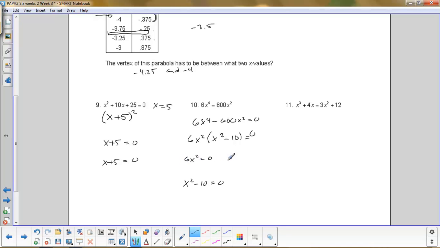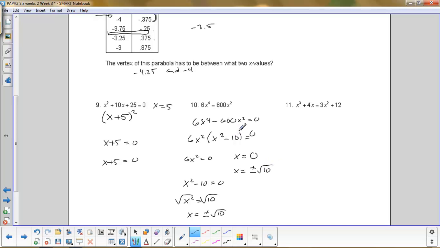Divide out the 6, square root 0, and we get 0. Add the 10 to both sides. X squared equals 10. When you square root a value, you always have two solutions. Therefore, the answer to this is x equals plus or minus the square root of 10. The three solutions to this problem are x equals 0 and x equals plus or minus the square root of 10.